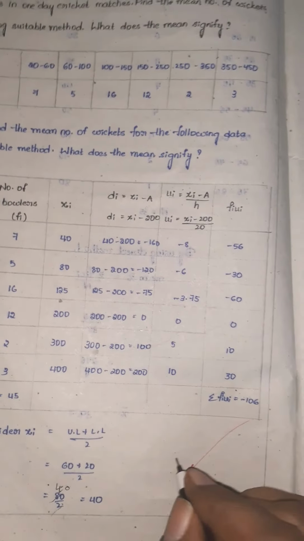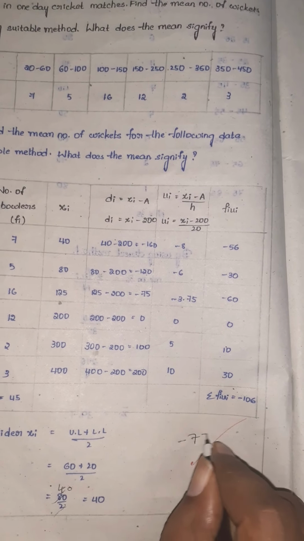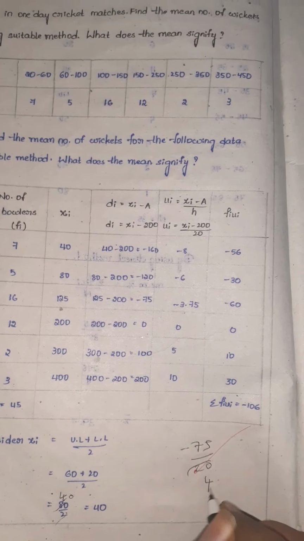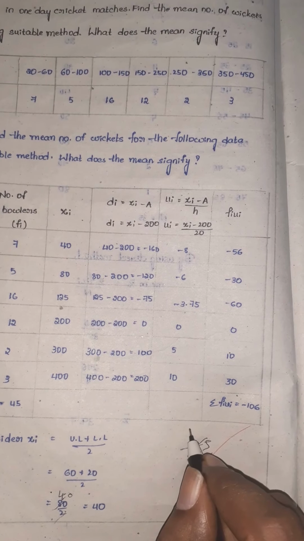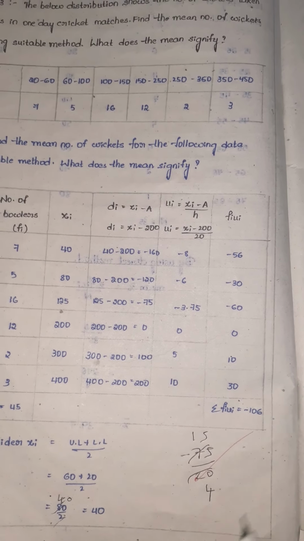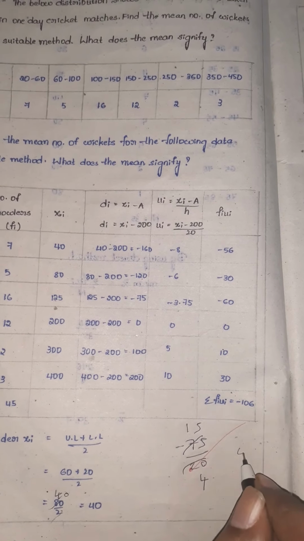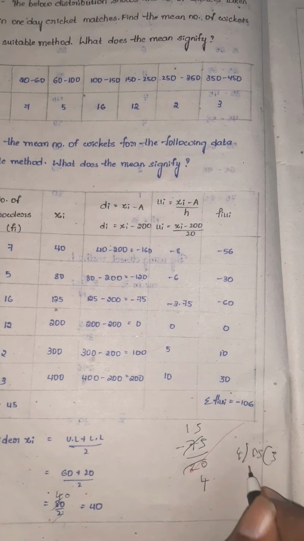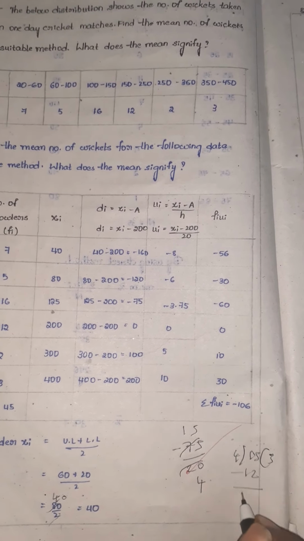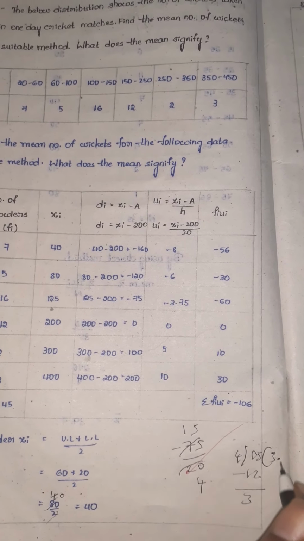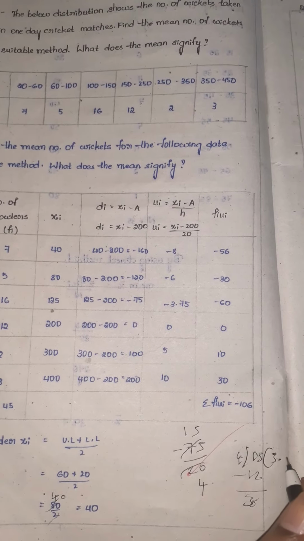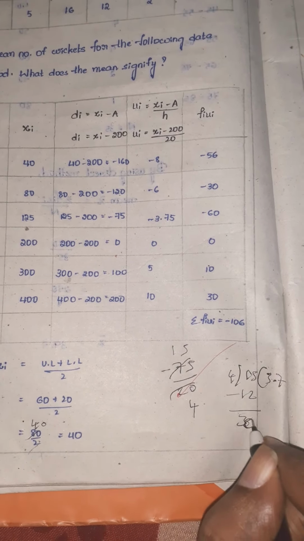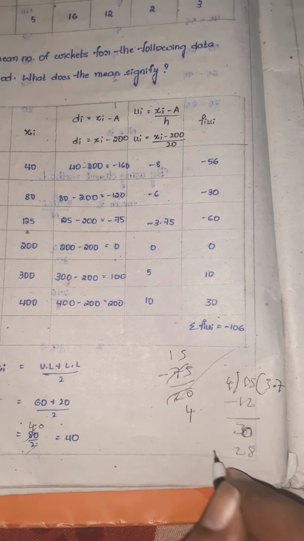Cancel with 5: 15 by 4. If you divide, 4 3s are 12, so 3, keep the point, 4 7s are 28. 30 minus 28 is 2.